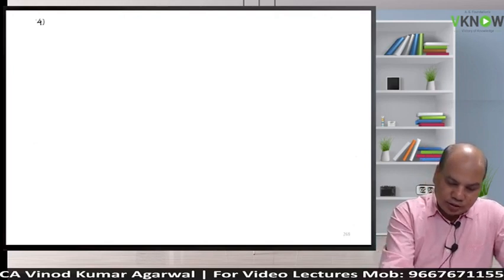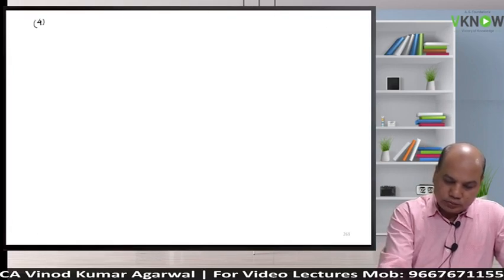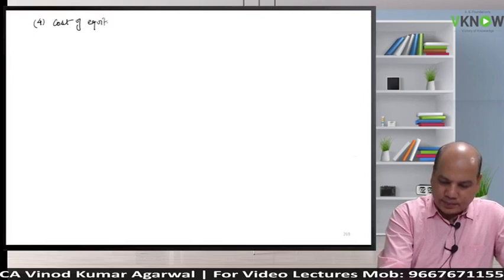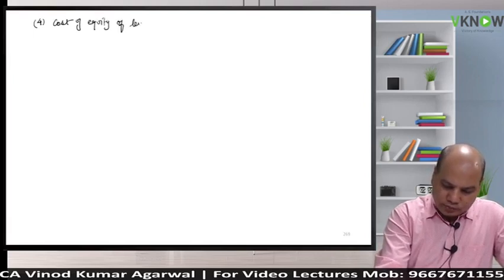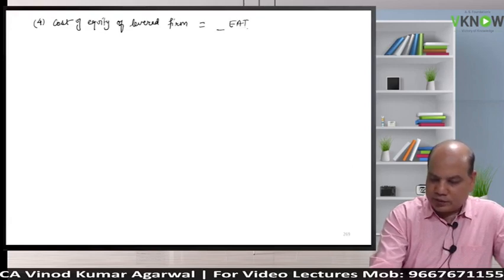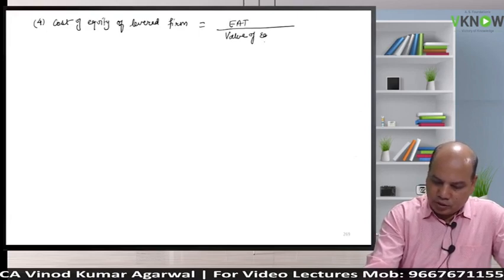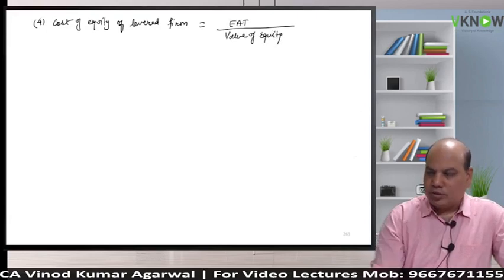Point 4, write down. Cost of equity of levered firm will be earning after tax upon value of equity.